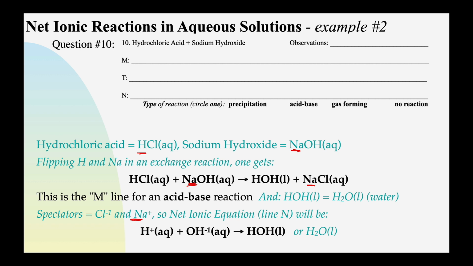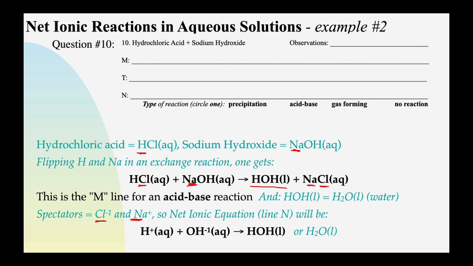And you can also see that chloride is in an aqueous species on both sides as well. So this is an alternate way to find the spectator ions. In this particular problem, both Cl- and Na+ are the spectators, and you don't want to have them in your net ionic equation. But again, don't break up solids, liquids, or gases like water.